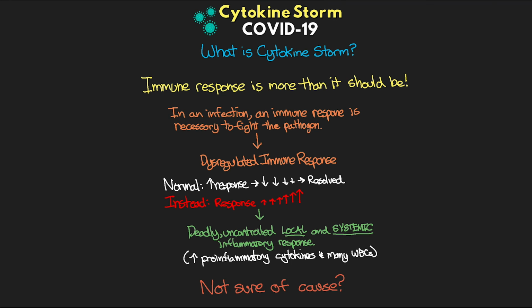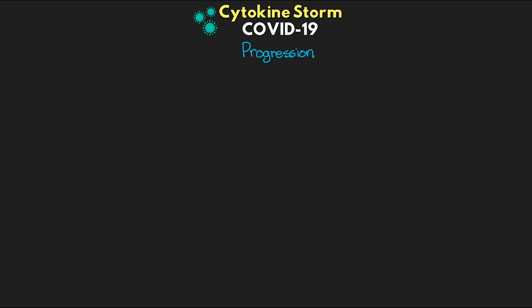All right, next I actually want to talk about the progression that we see in these patients with cytokine storm. Everything starts out with our virus, and most often this appears to be starting within the alveoli. Down in the alveoli, we have these type 2 pneumocytes, which are the ones responsible for producing the surfactant.